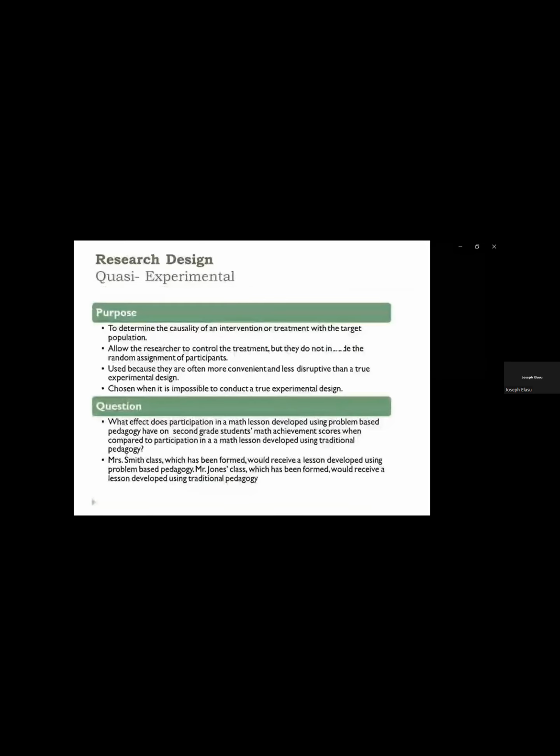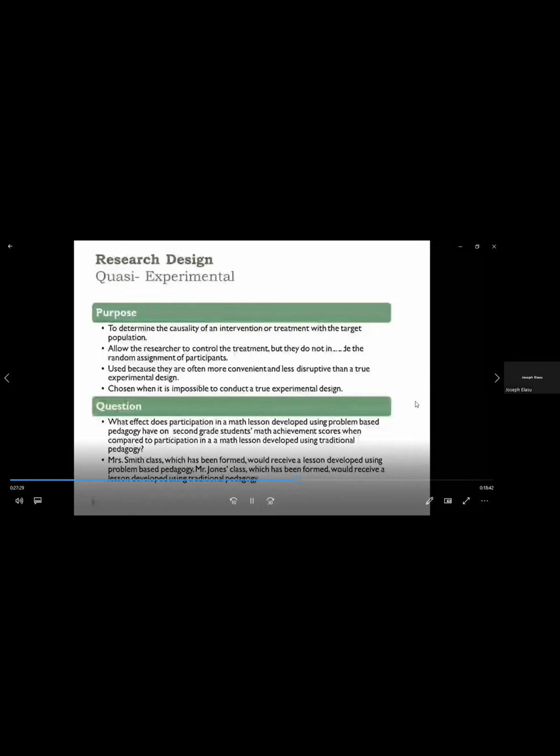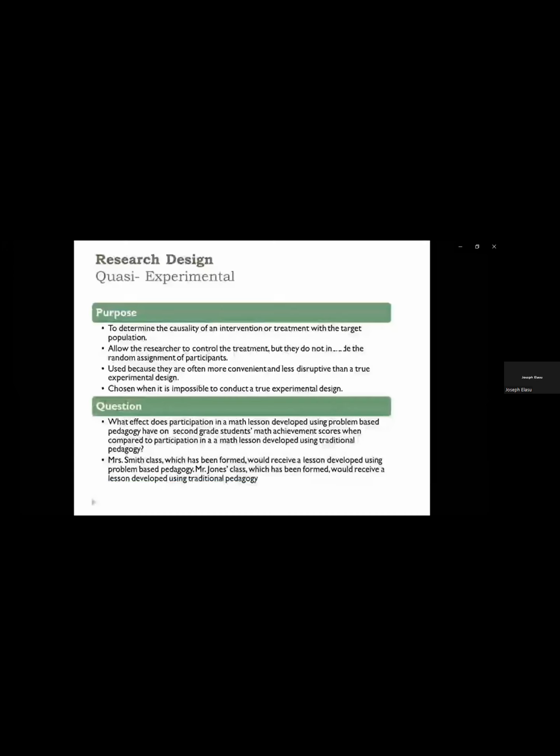Let's first talk about quasi-experimental designs. Now, the quasi-experimental design is often used in educational research because it's more convenient and less disruptive than the stronger true experimental design. The purpose of a quasi-experimental design is to test the effectiveness of an intervention or treatment with a target population.